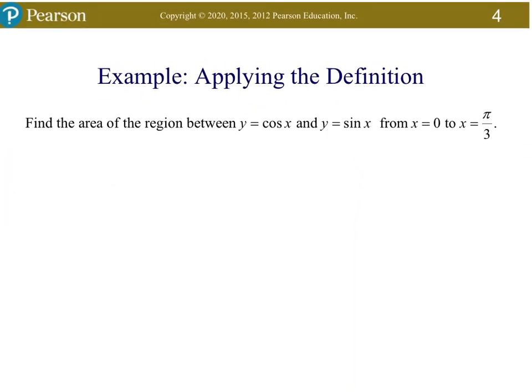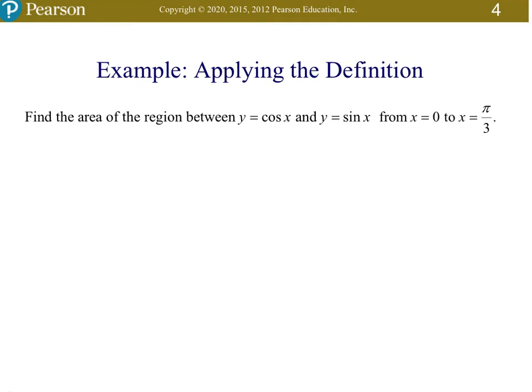So let's find the area of the region, not just between cosine x and the x-axis, but how about between cosine x and sine x from 0 to pi thirds? I always like to have a visual so that I can understand what's going on here. So cosine x comes down, peaking at 1, coming down here, and we know that cosine is going to hit the axis at pi halves.